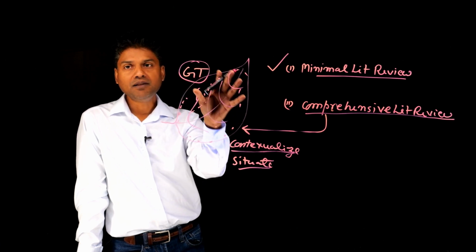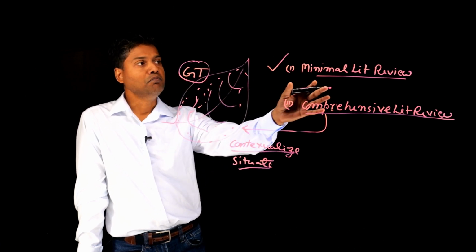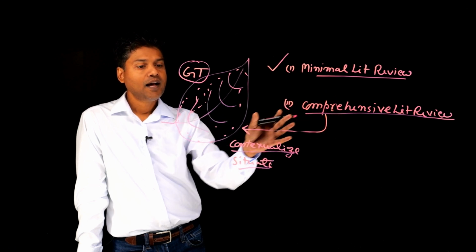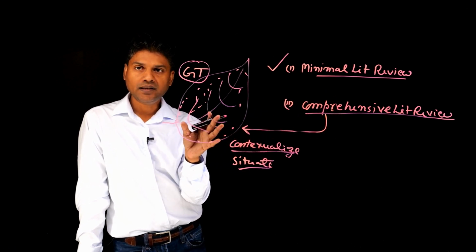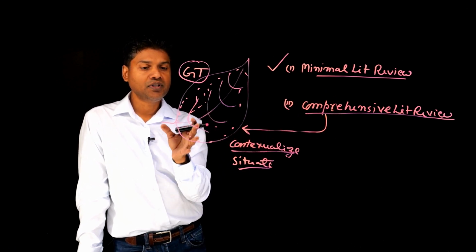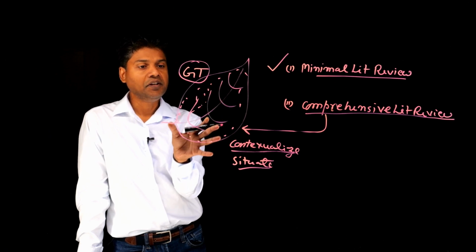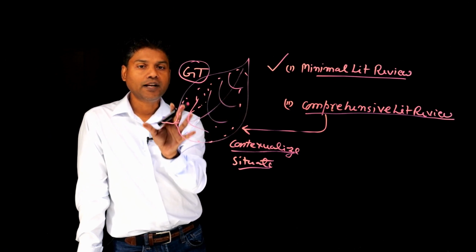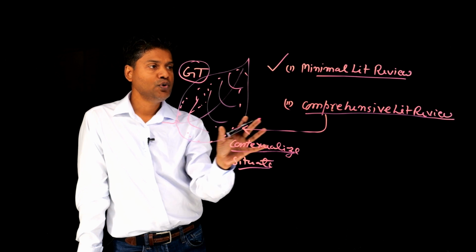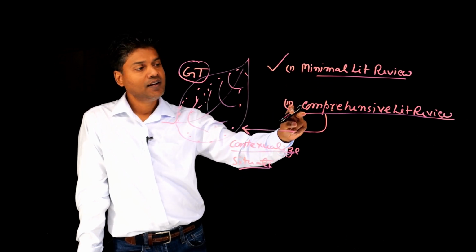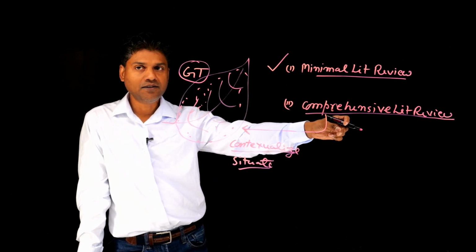So to minimize that, you do a minimal lit review, and then you collect your data, analyze your data, your theory is emerging, your categories are developed. Now you are going back to the literature, engaging in a comprehensive lit review.